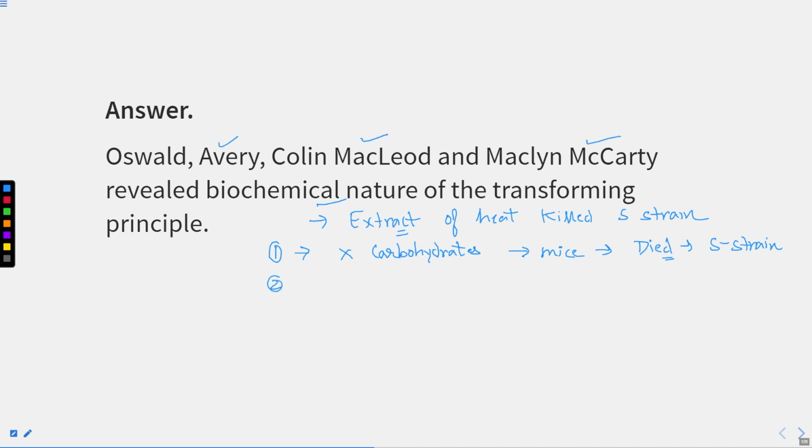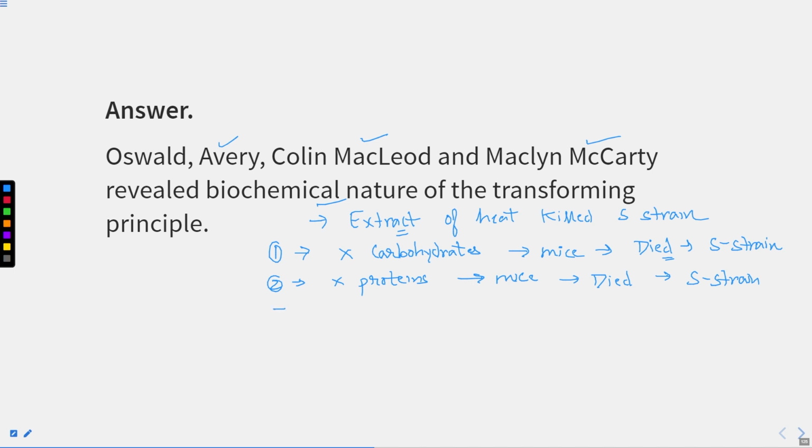Again, in second setup, what they did, they got rid of proteins. So you can use protease enzyme to get rid of proteins. Then they injected that in mice. And what they observed? Again, the mice died. Again, S strain bacteria was recovered.